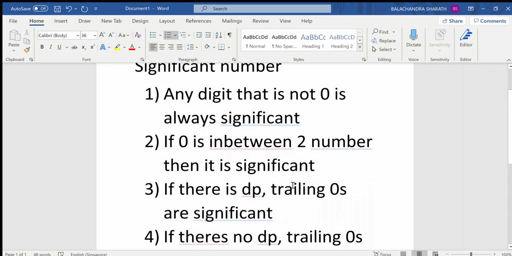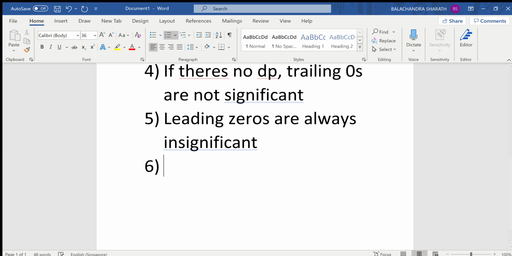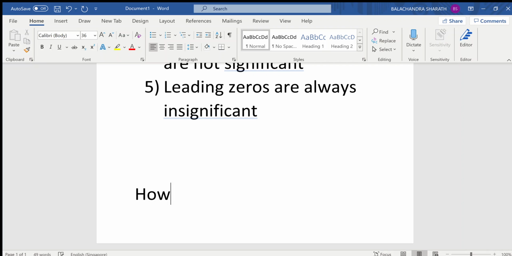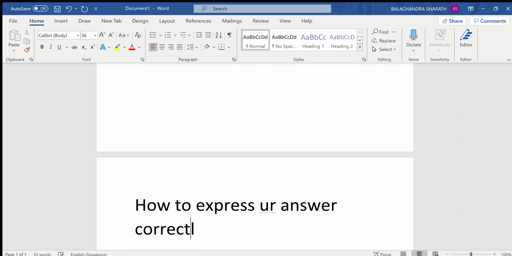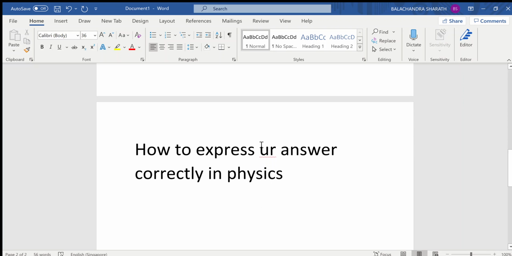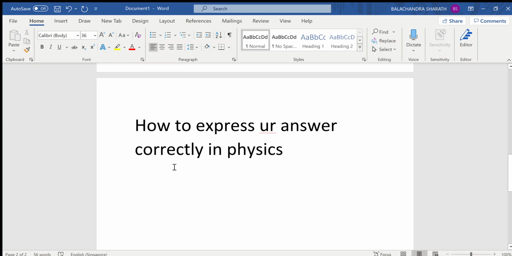Okay, so let's move on to the next part, which is how to express your answer correctly in physics. Let's talk about multiplication and division.